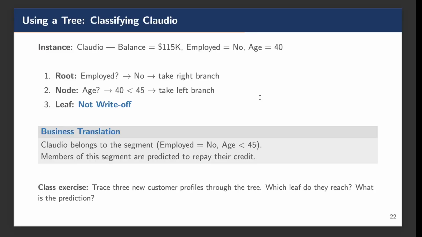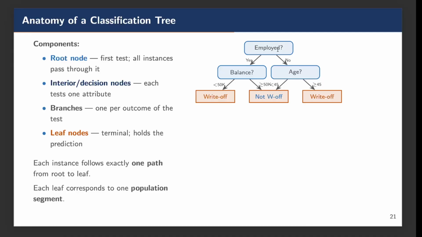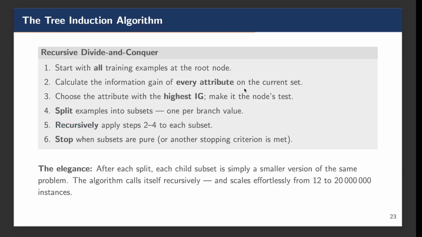What we mean by split here is, for example, employed is split into 2, yes and no, and balance is split into 2, whether it's less than 50K or higher than 50K. Then we repeat the process for each subset created, and we only stop when the subsets are pure or we meet another stopping criterion.